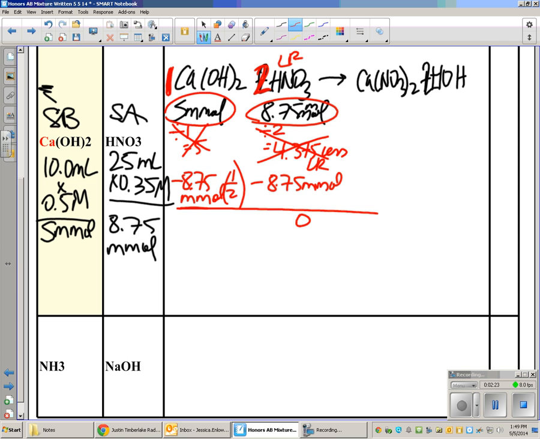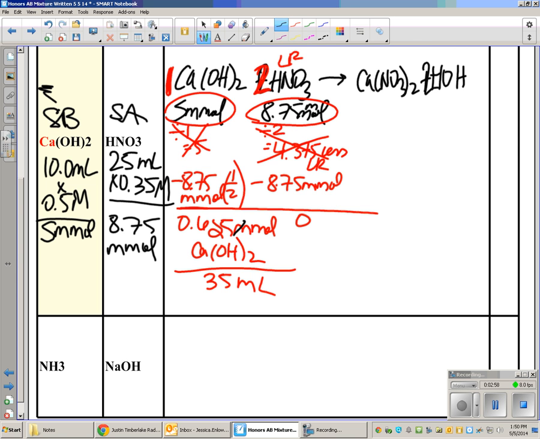So this makes sense because you end up with 0 of your LR, 8.75 minus 8.75, and then 5 minus half of 8.75 is 0.625 millimoles of the calcium hydroxide left over. Take your total volume, 25 plus 10, which is 35 milliliters, and divide your millimoles of calcium hydroxide by it.